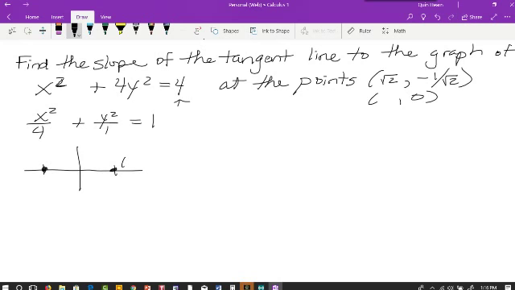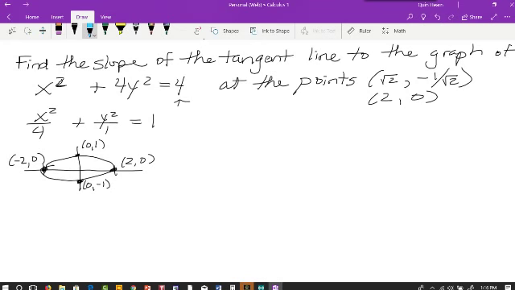Okay, so it goes through the point 2, 0, goes through the point negative 2, 0, and goes through the points 0, 1 and 0, negative 1. Okay, so that's what it looks like.